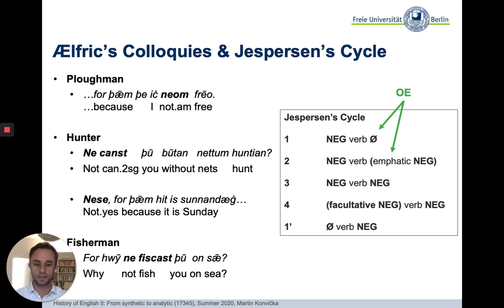But already in this stage, we see the beginning of the second phase where an emphatic negator starts being used. And this then culminates in the Middle English period. Right? And present-day English is, as I've already said, in the last stage, the fifth stage, again in the situation where you only have one post-verbal negator.